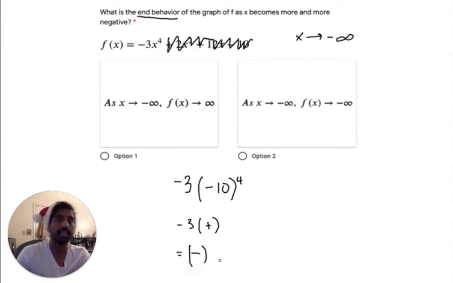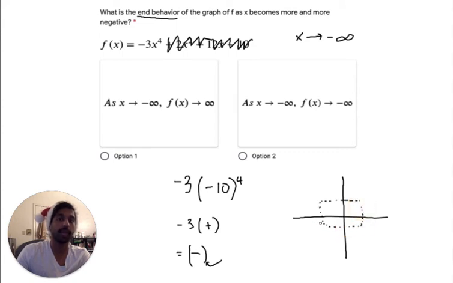And so we see that as our x becomes more and more negative, our function also becomes more and more negative. And so that means that if we were looking at our function, we don't really know what it does in this middle region, right?